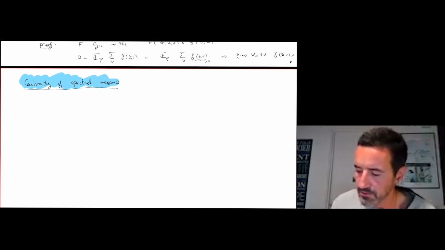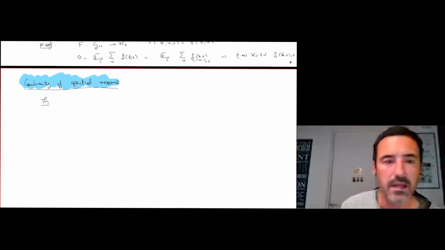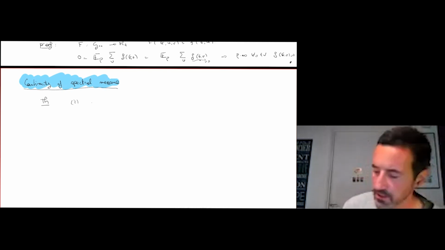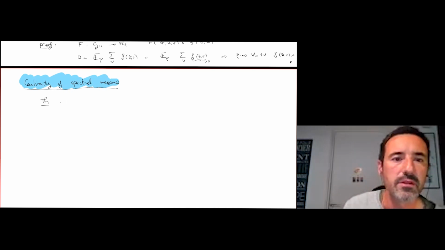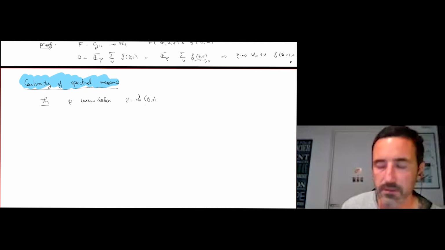I want to prove this theorem. I will not exactly prove it, but let's take rho to be unimodular. Rho is the law of some random rooted graph.